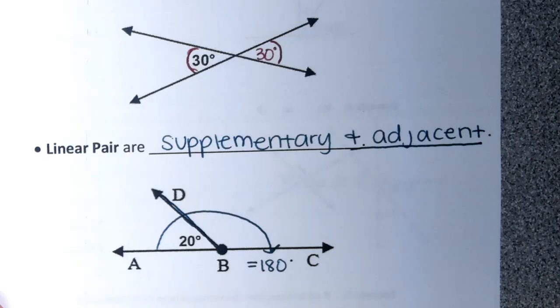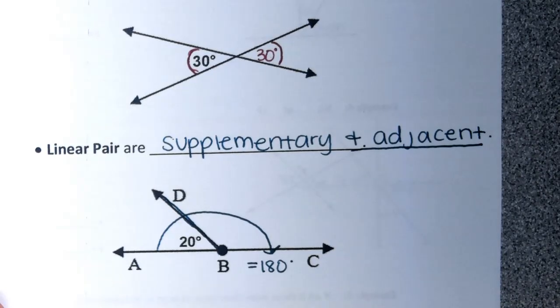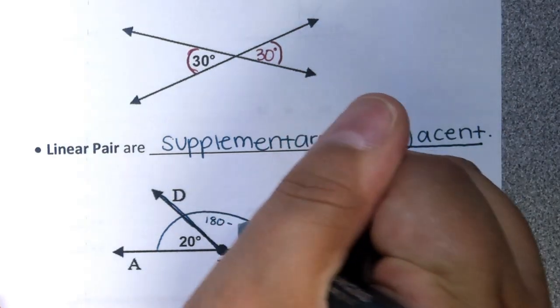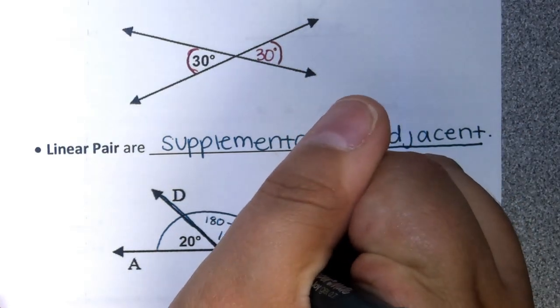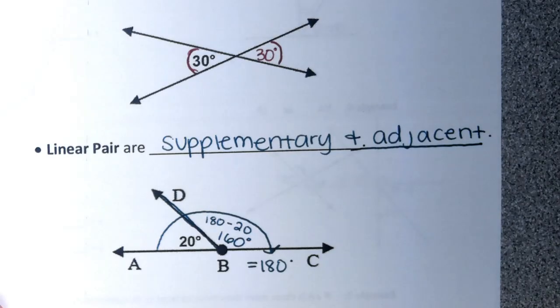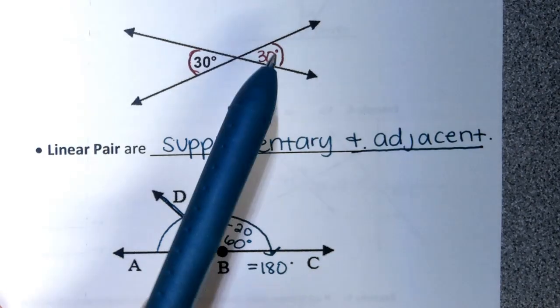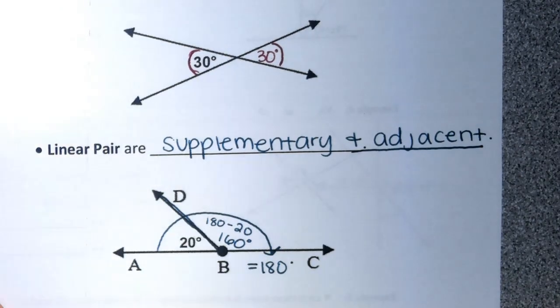So how do I find the other angle if I know ABD is 20? What is 180 minus 20? 160 degrees. Okay. For my top picture, could we now find the other two angles here?